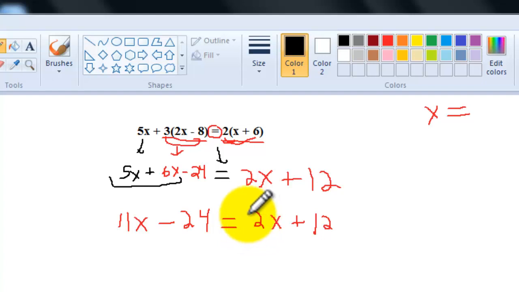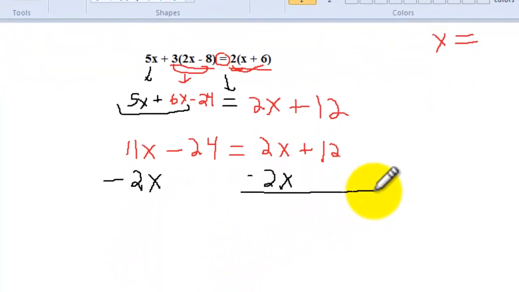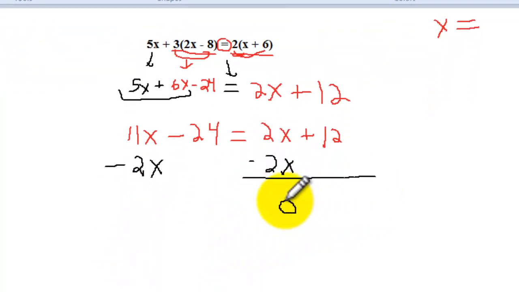Since there's no sign in front of the 2, it's always positive. So it's a positive 2, so I do the opposite. I subtract it off from both sides. Whatever you do to this side has to be done to this side. So subtract off 2x on this side. That will give you a 0. And this gives you a 9x.